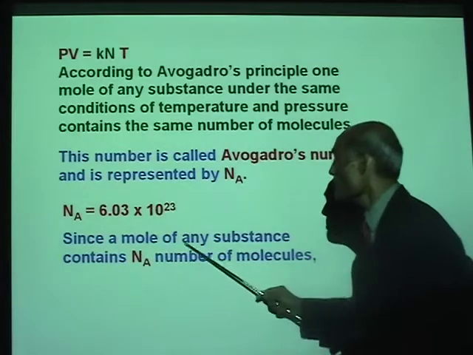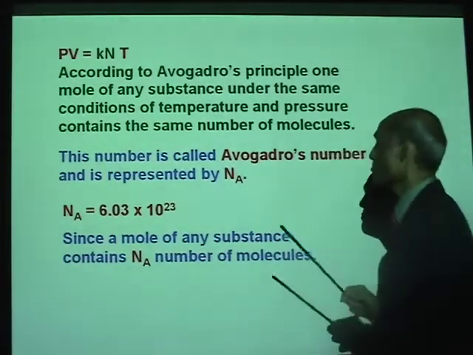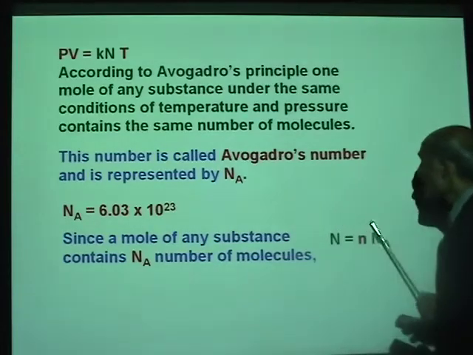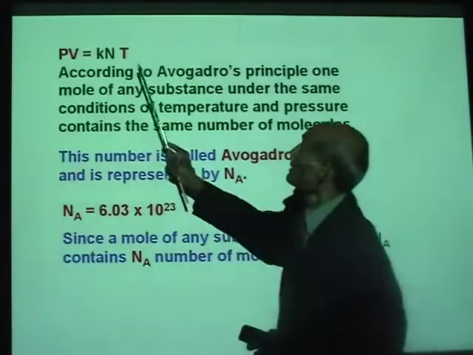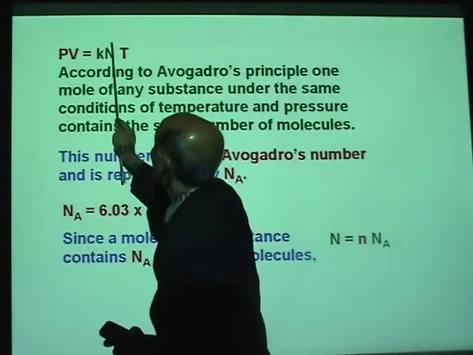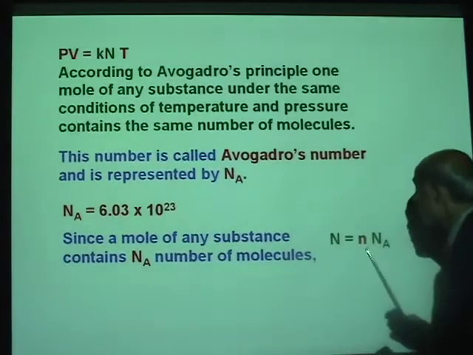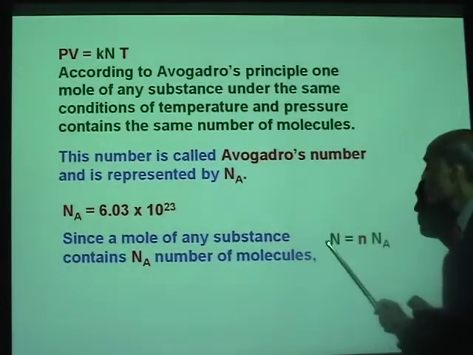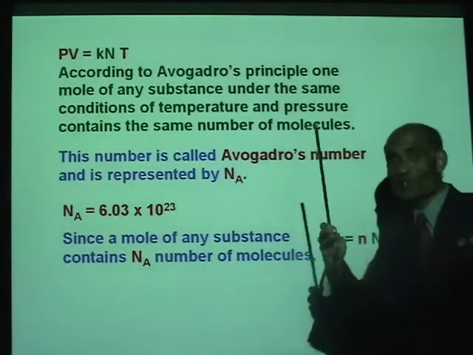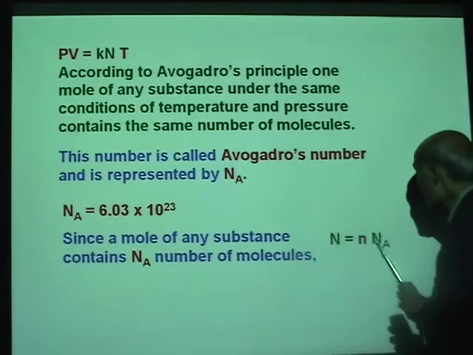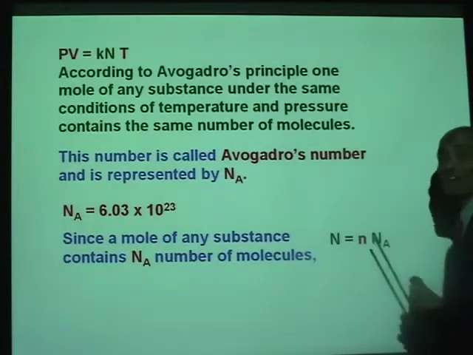Now, since a mole of any substance contains Na number of molecules, if you take n moles of a substance, the total number of molecules is equal to the number of moles of the substance multiplied by the number of molecules per mole, the Avogadro number.